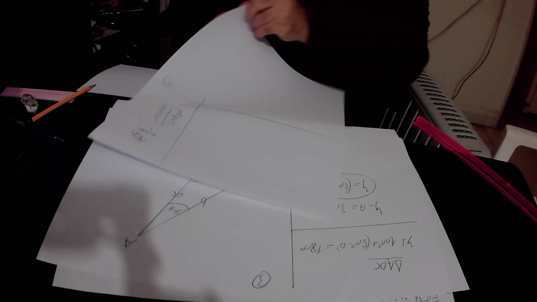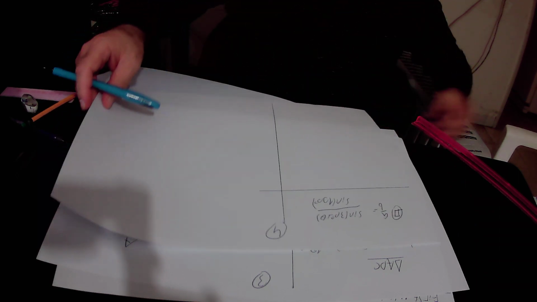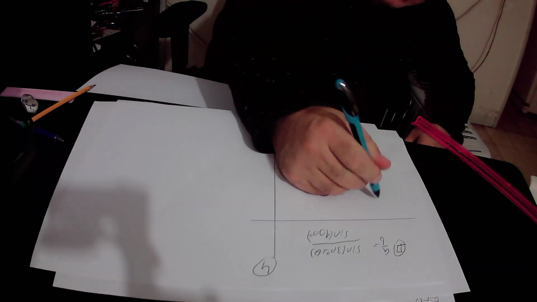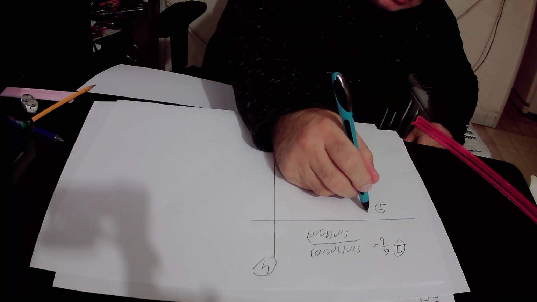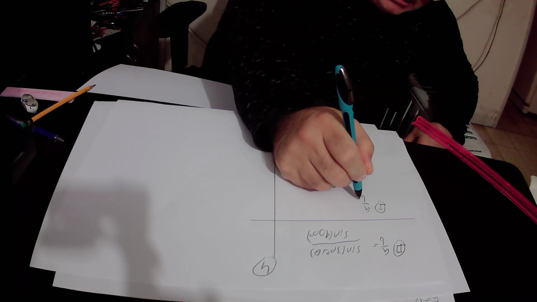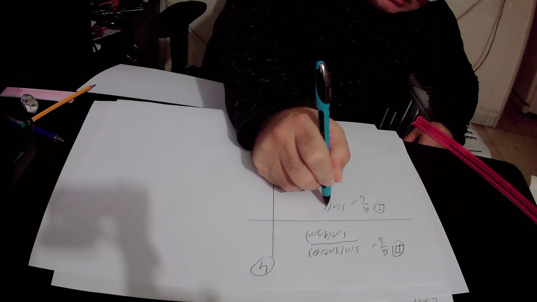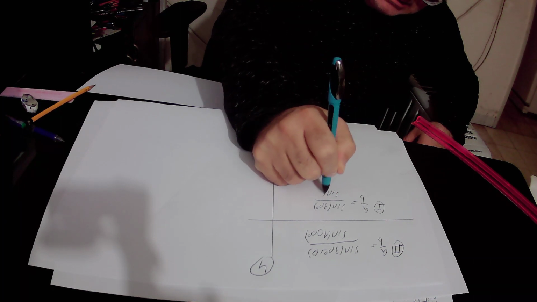And we have already found out that according to equation number 1, A over B equals sine 30 degrees over sine 50 degrees.